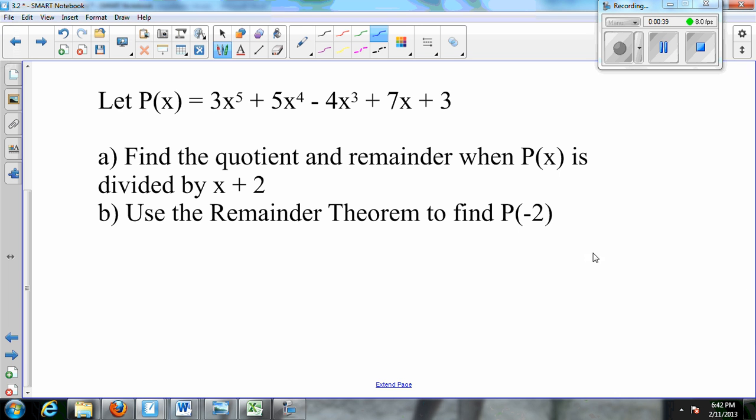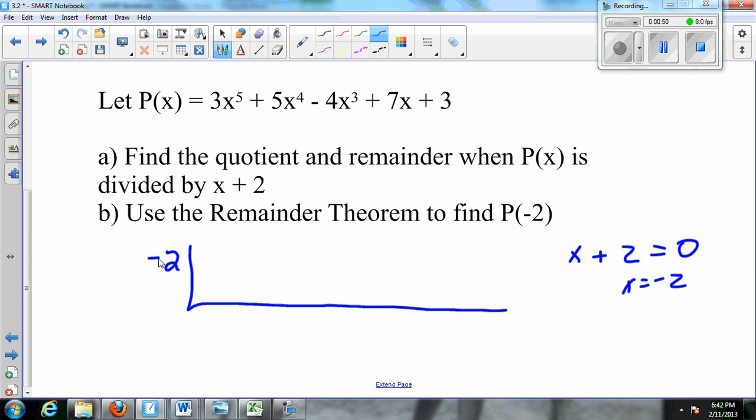So because we're dividing by x plus 2, we can use synthetic division. I'll put a -2 outside the box, and our coefficients align inside: 3, 4, -4, 0, 7, 3.